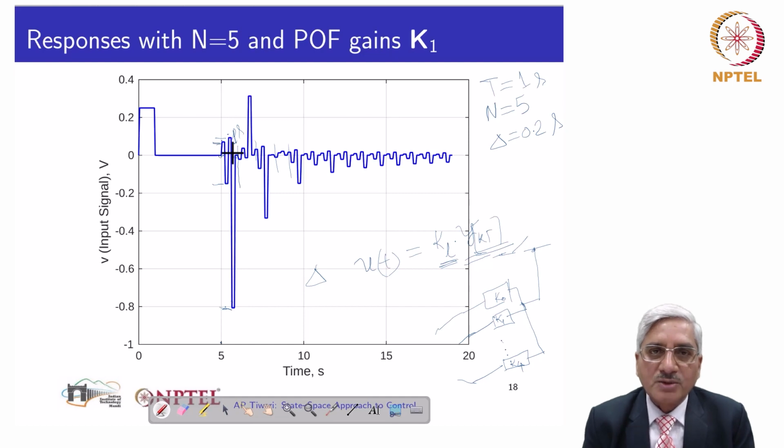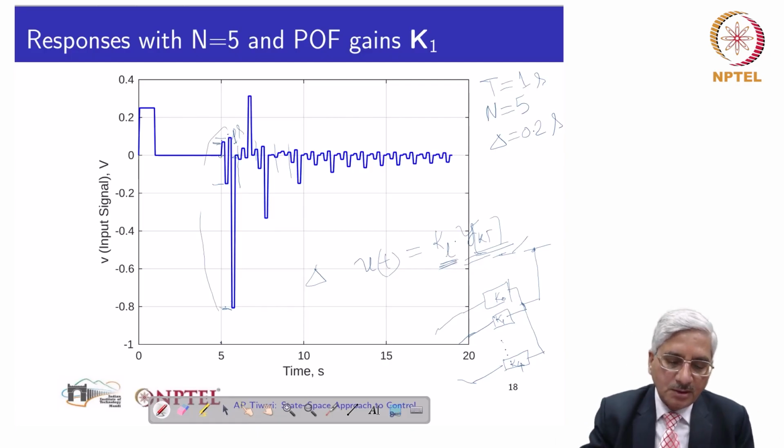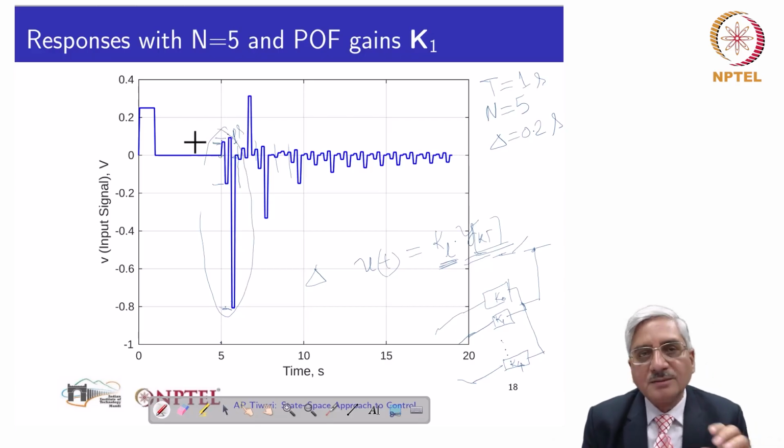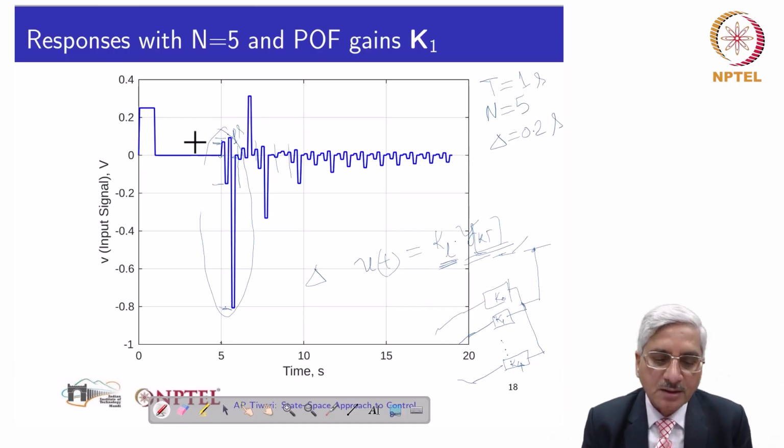For the same output signal collected at some time instant kT, the input is k0 times y(kT), k1 times y(kT), etc. that is shown here. It means that the input signal is not constant over the interval. That is the basic thing in the periodic output feedback control that is seen here.